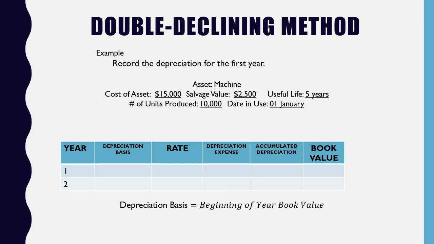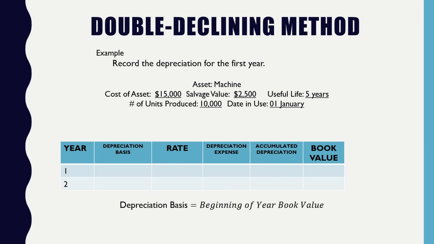So let's go ahead and solve each of the equations, starting with the very first one, which is depreciation basis. My depreciation basis is going to be the beginning of the year's book value.